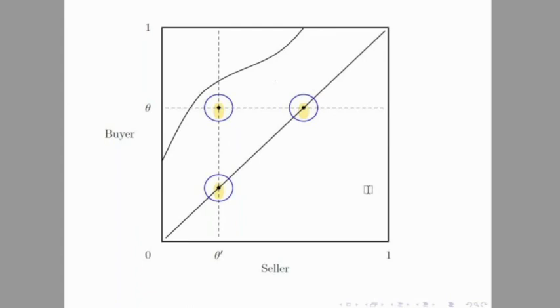Only these three pairs of types receive positive probability. Now my claim is that if we have a triangular belief structure like this, then the traders can commit not to continue trading.